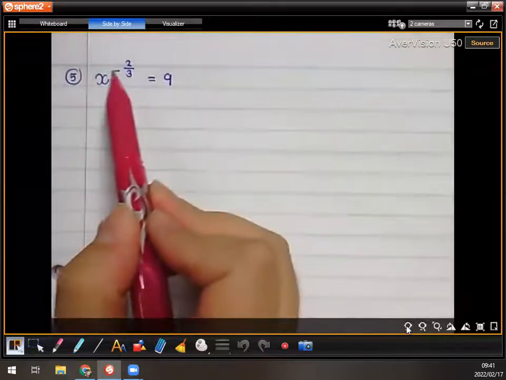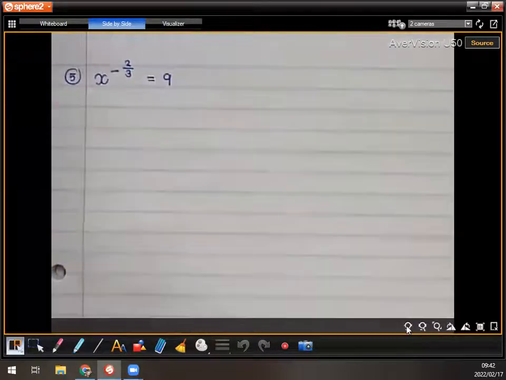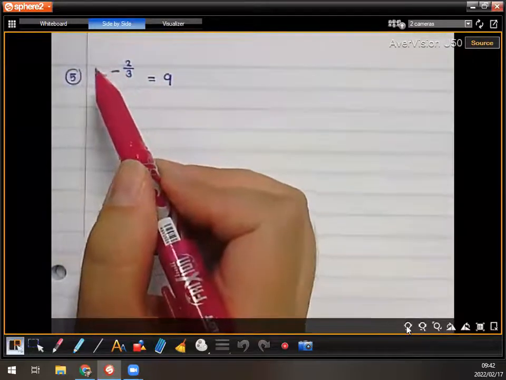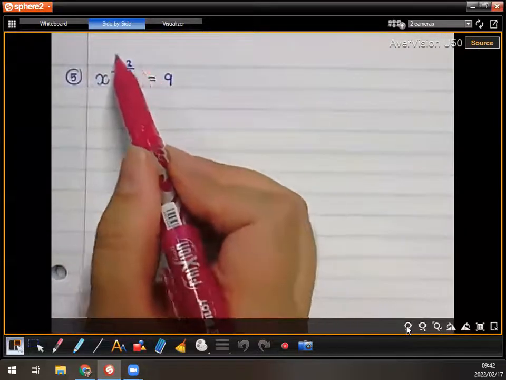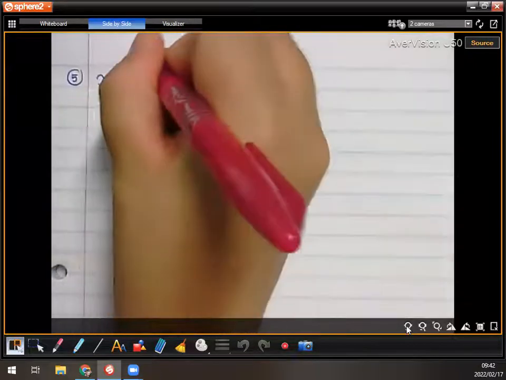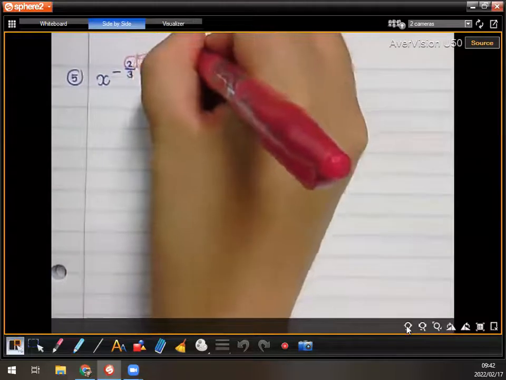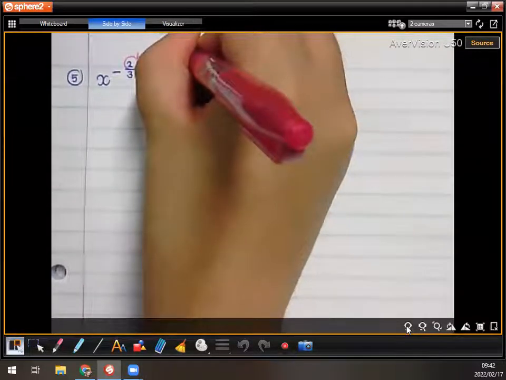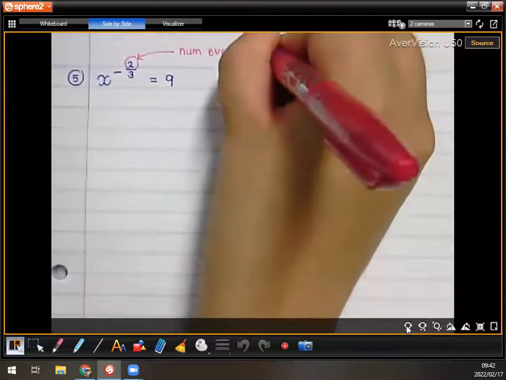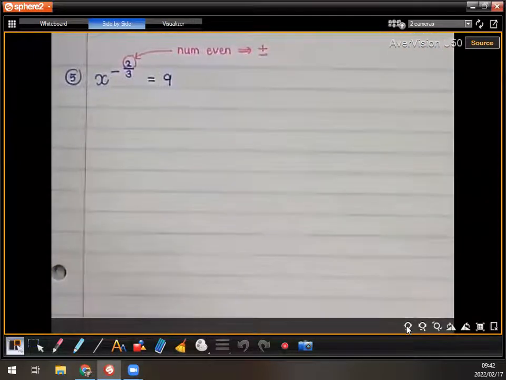You have to look at this and say, okay, my exponent is a fraction, so I must raise both sides to the same power. But also, now it's a negative fraction. So that's for something else. And also the numerator is even. All right, so let's circle that. Make a little note. Numerator even, then plus minus.